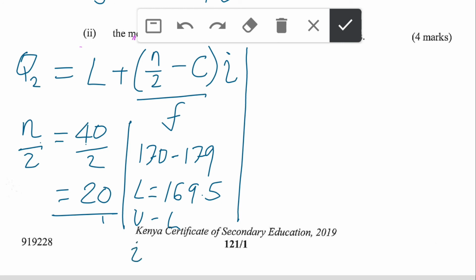So the class interval shall be 10. And then we have also found that the frequency of the median class is 10. We have also found that the cumulative frequency above is 10.